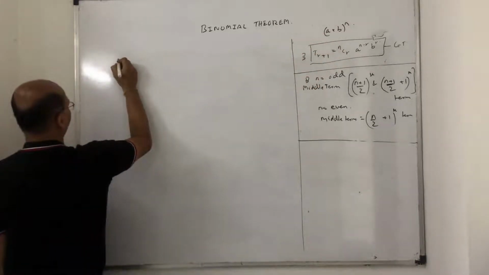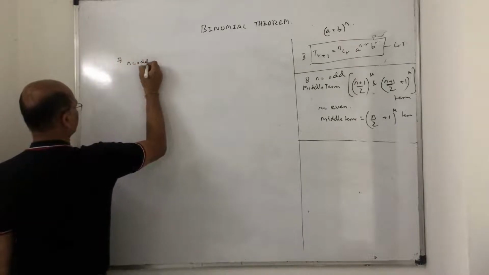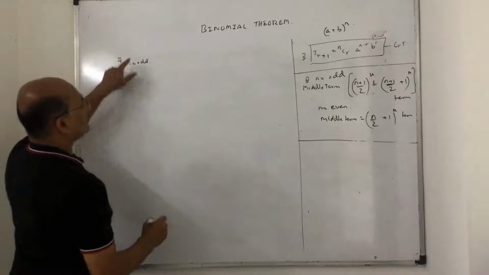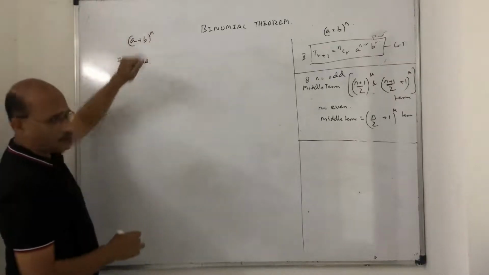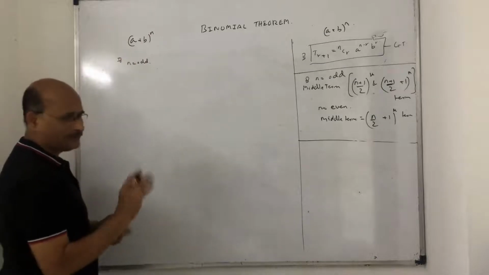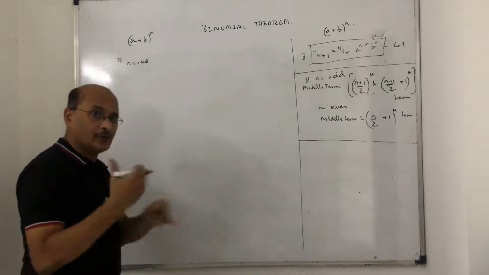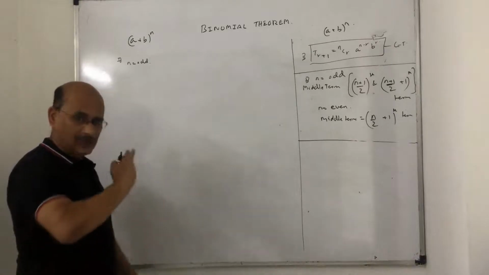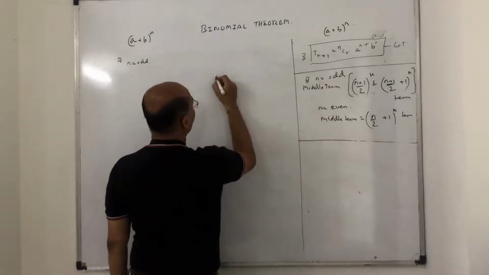If n is an odd number, then how do I do that? Very simple way of working. If n is odd, remember how many terms you get after expansion? Even number of terms.